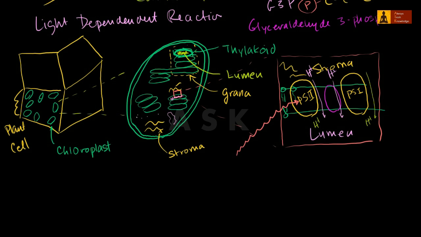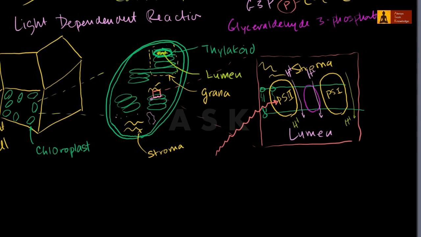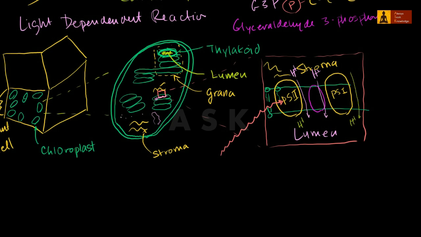And just like what we saw in the electron transport chain, that concentration of hydrogen protons is then used to drive ATP synthase. So let me see if I can draw that ATP synthase here. You might remember ATP synthase looks something like this, where here you have a huge concentration of hydrogen protons.